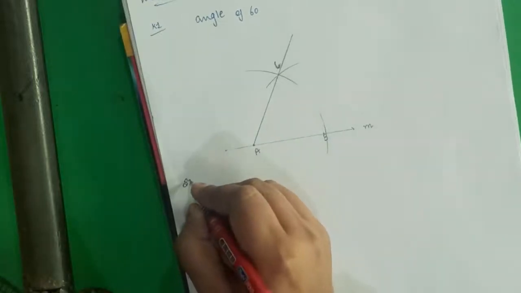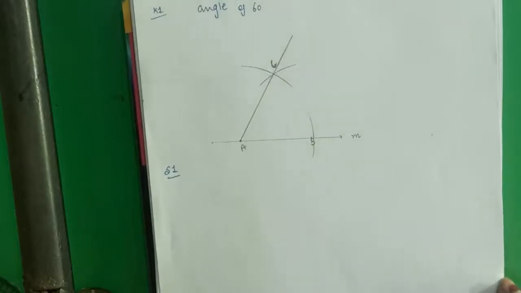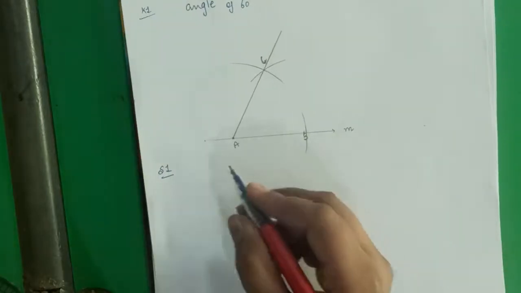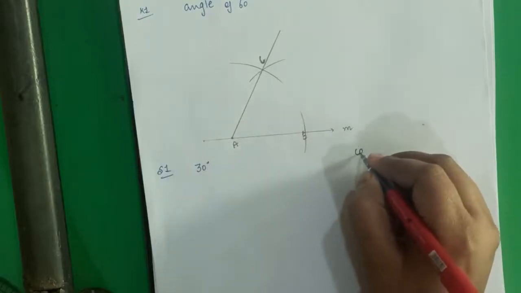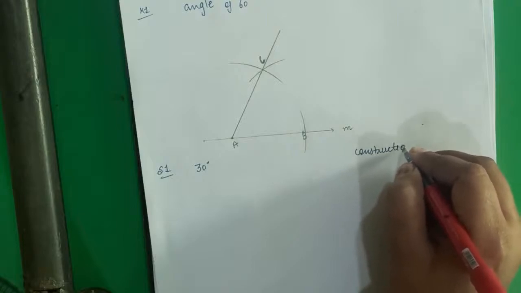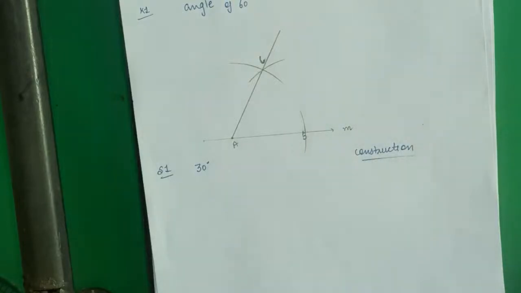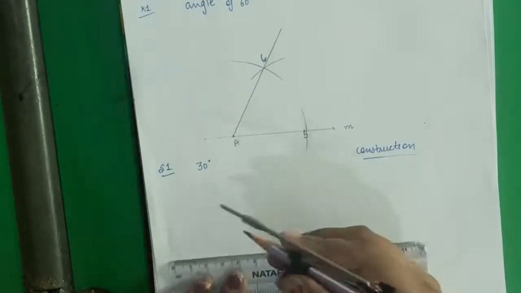After this, the next question is to construct an angle measuring 30 degrees and write down the steps of construction for it. I will go one by one with this. Same as before, firstly we will draw a line of any length.